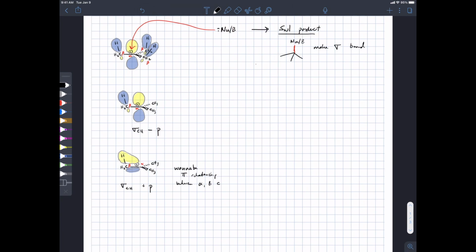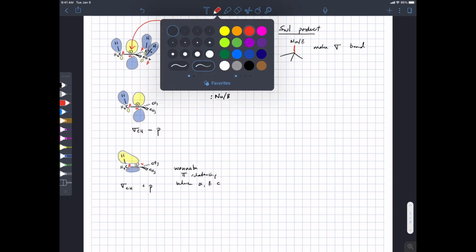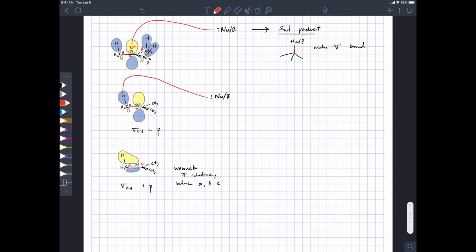Because some of the LUMO is out on that beta hydrogen, it is more acidic than you would expect for a regular carbon-hydrogen bond, and so your nucleophile or base could attack the LUMO at the beta proton.